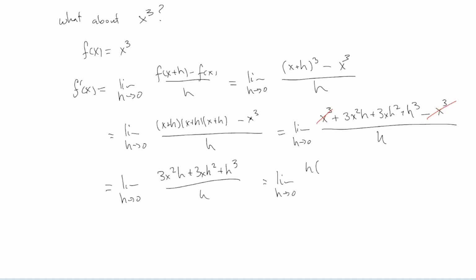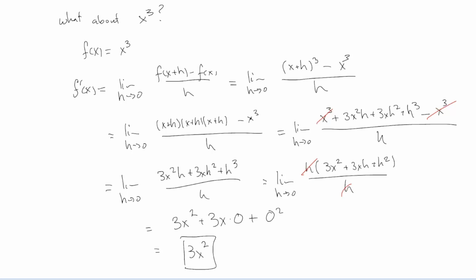It's h upstairs, and then what's left over is 3x squared plus 3xh plus h squared, divided by h. Cancel the h's. And finally, we plug in h equals 0 to finish. It says 3x squared plus 3x times 0 plus 0 squared. This is 3x squared. That's what we were looking for.